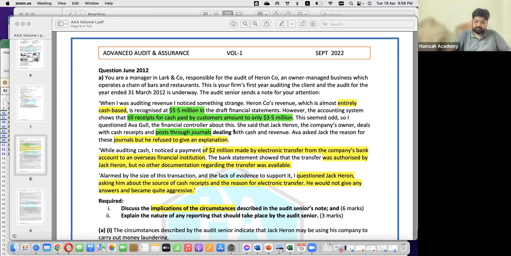Now, next paragraph. The same 2 million is being transferred to overseas financial institution.